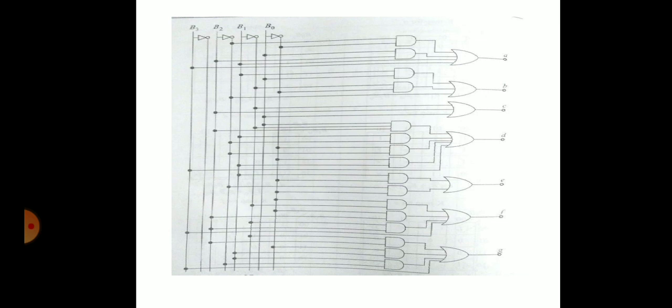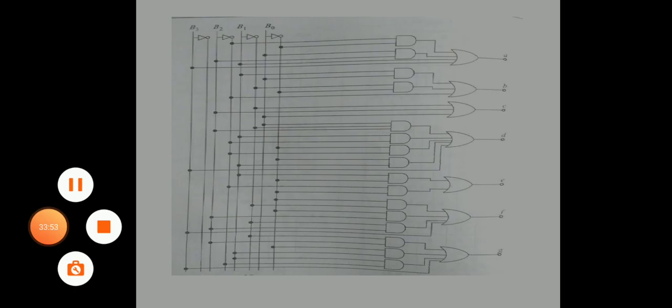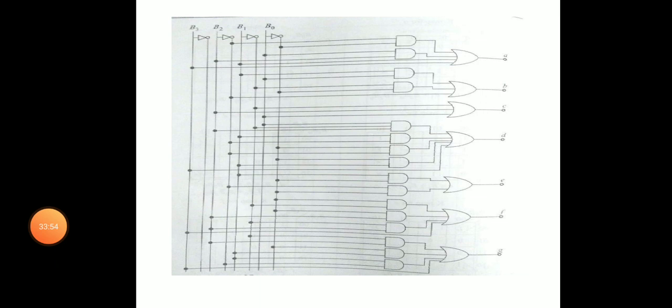Second one is the K-map, and using the K-map you will get the expression. And third one is the logic diagram. Using the expressions you will draw the logic diagrams of this code converter. So these are the diagrams of different types of code converter.